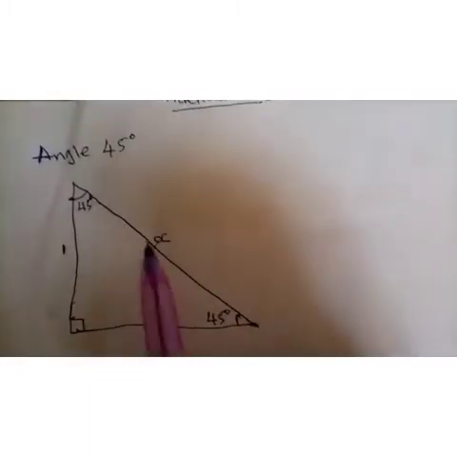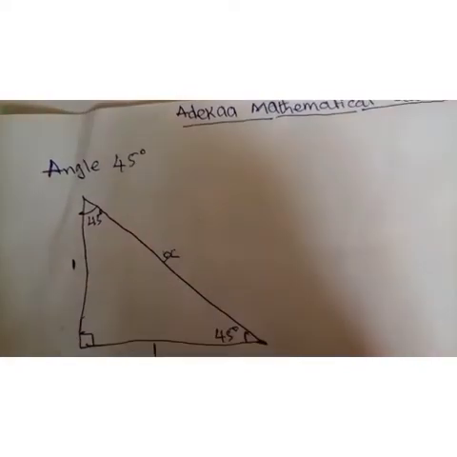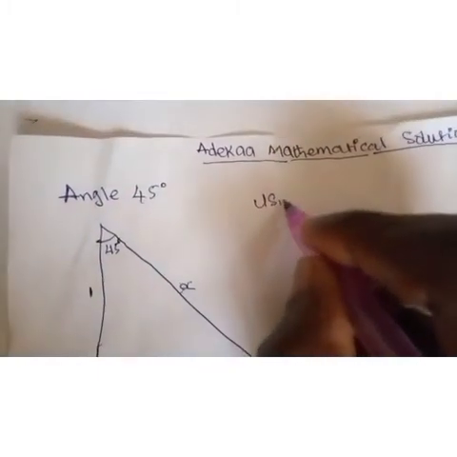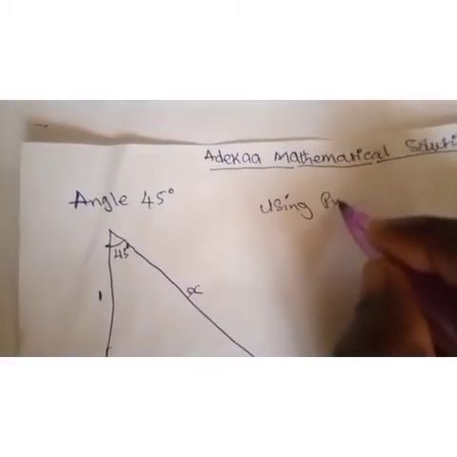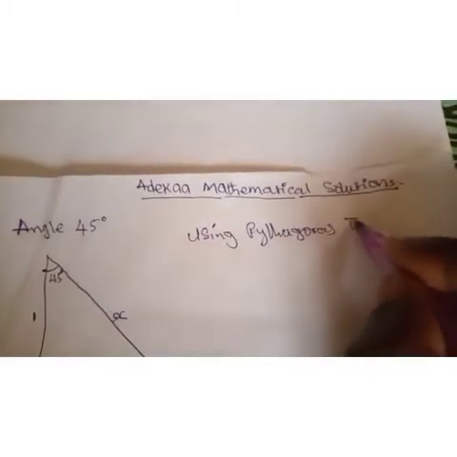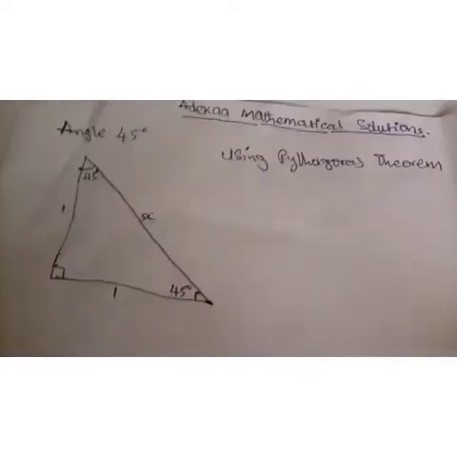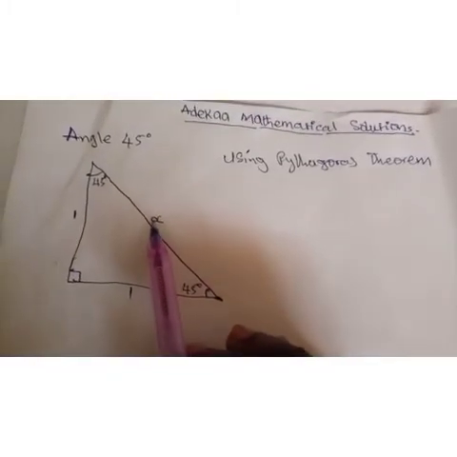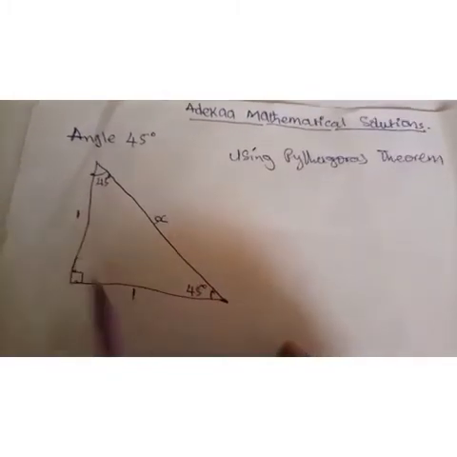For us to look for this side, we apply Pythagoras theorem, which I mentioned before. Pythagoras theorem states that the square of the hypotenuse is equal to the sum of the squares of the two sides.